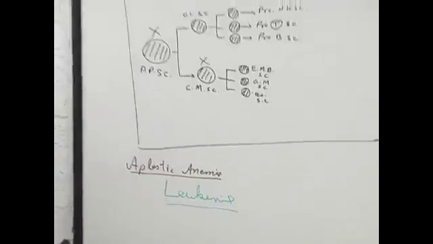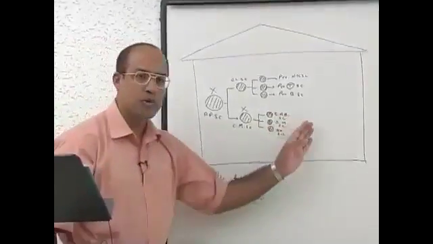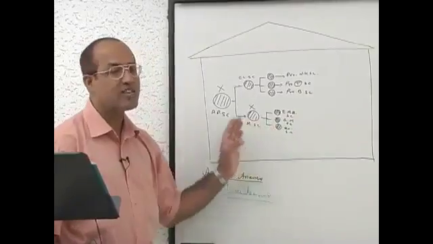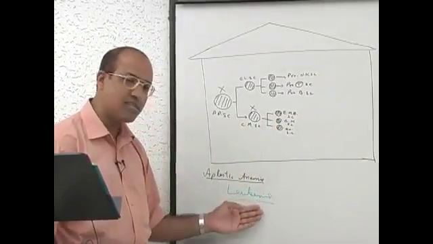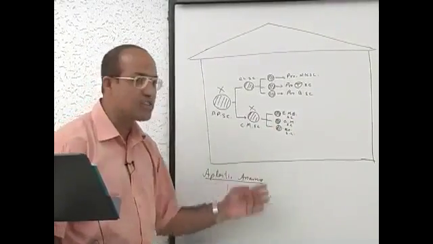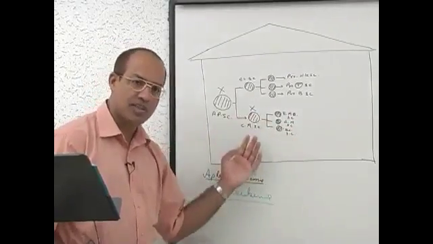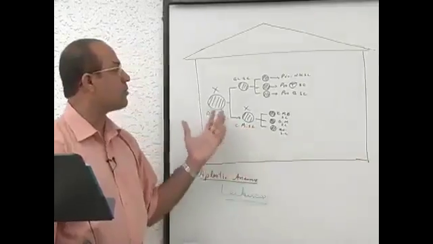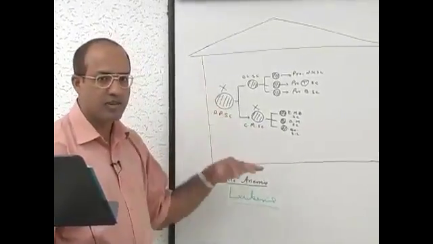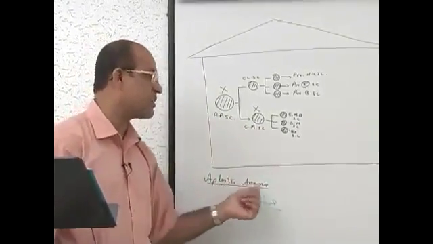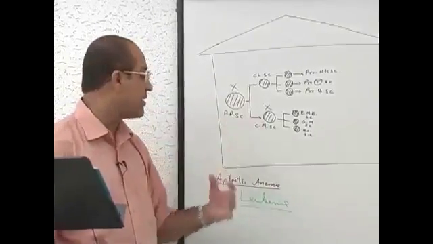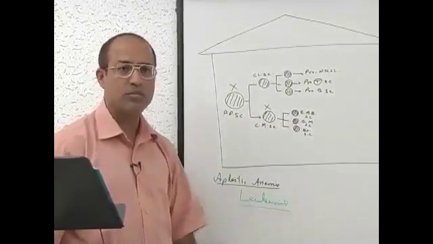Leukemias are malignancies of hematopoietic precursor cells and stem cells. So, bone marrow stem cells, if they underfunction, may lead to aplastic anemia. If they overproliferate, they may lead to leukemic situations.